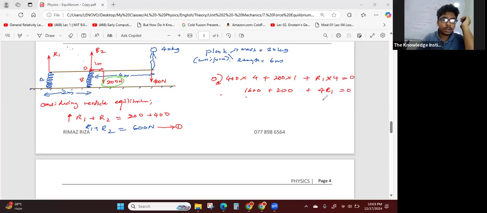So 4R1 equals minus 1800. So R1 equals minus 450 Newton. So R1 is minus 450 Newton.